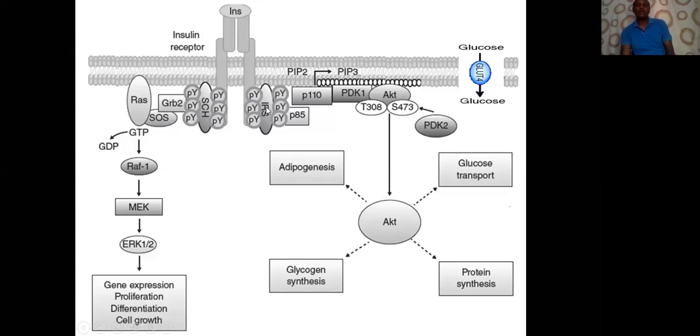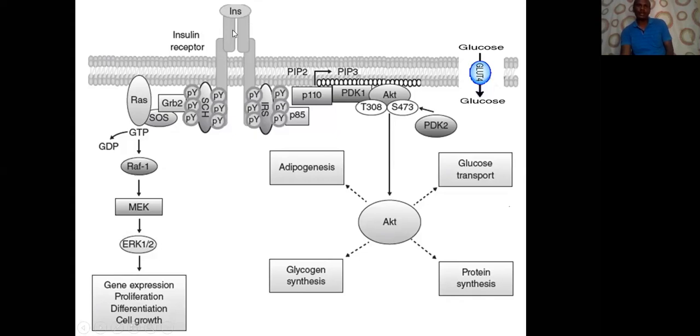Then there are protein dependent kinases, PDK1 and PDK2. These two enzymes activate AKT, a protein, also called protein kinase B. We have protein kinase C, protein kinase A, and in the same way AKT, that is protein kinase B.